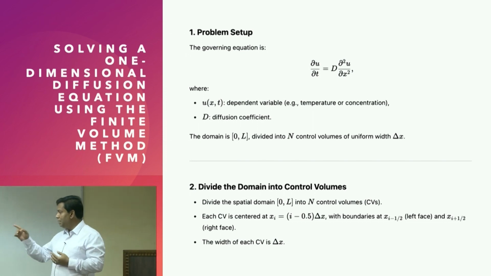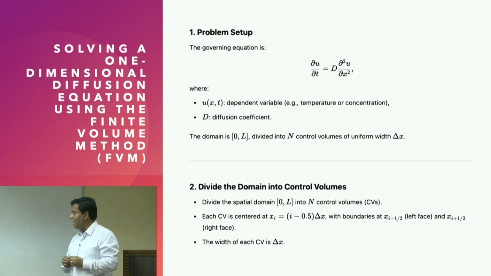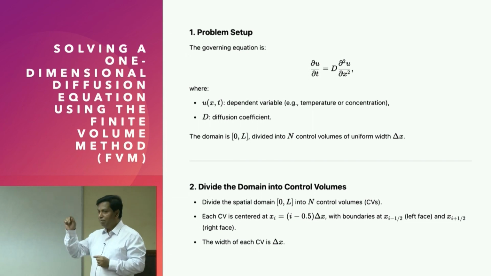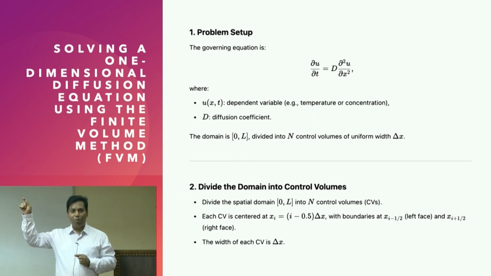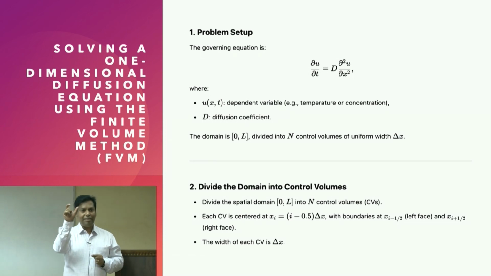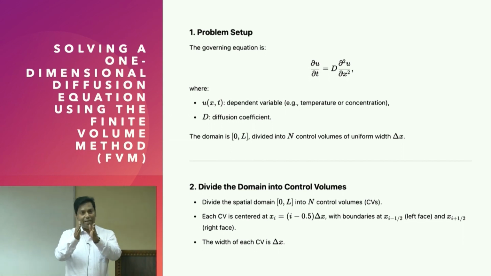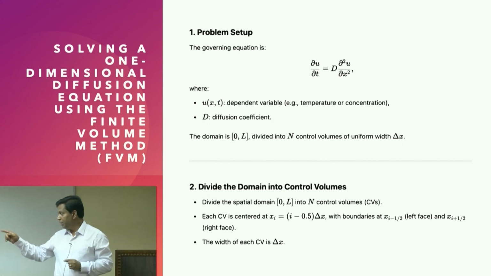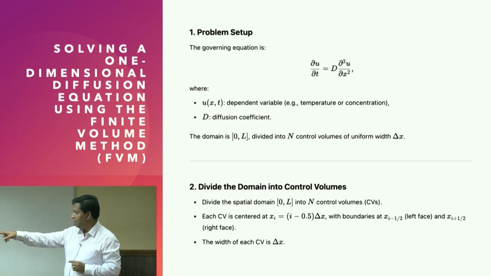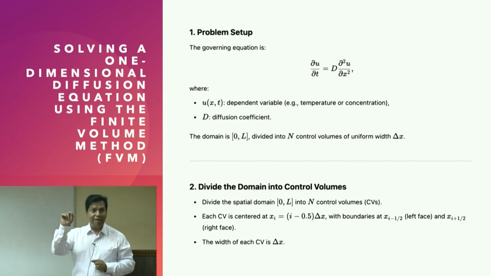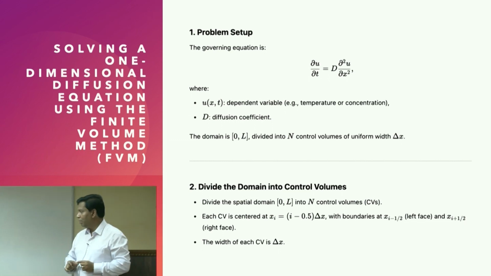Now for each control volume, the centers are numbered 1, 2, 3, 4, so the center is i minus 0.5, in the middle, okay? We put each control volume centered at x_i, the center value of the control volume.